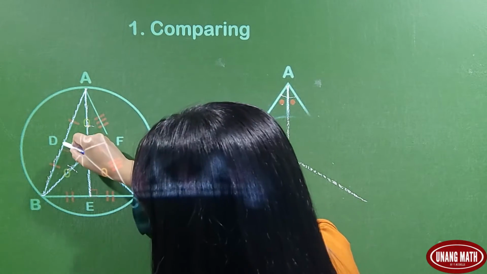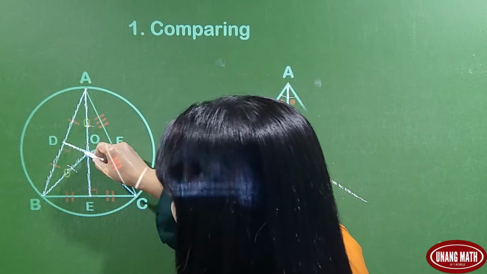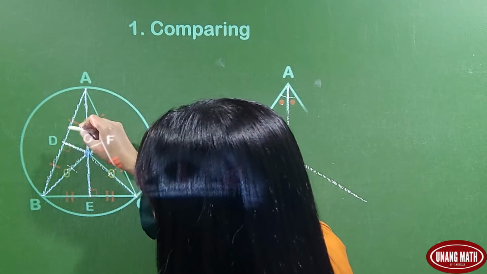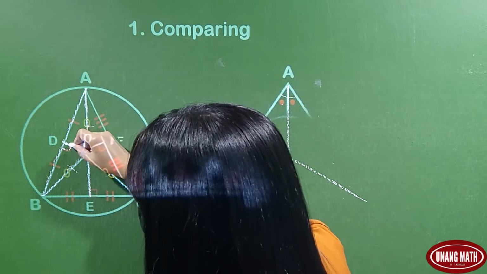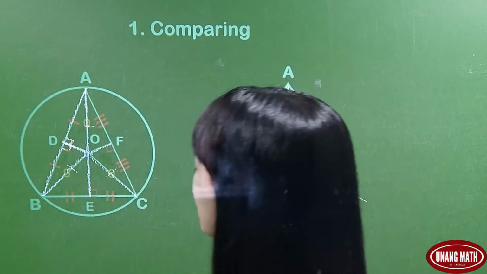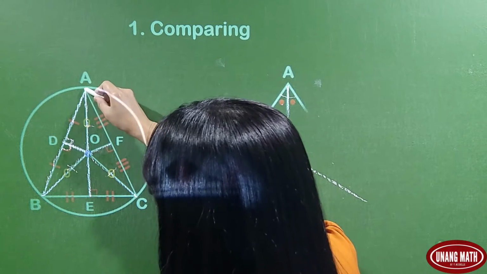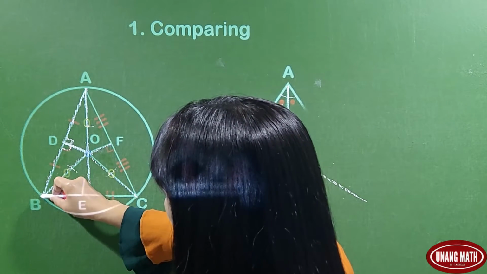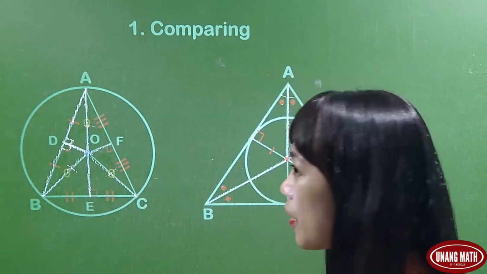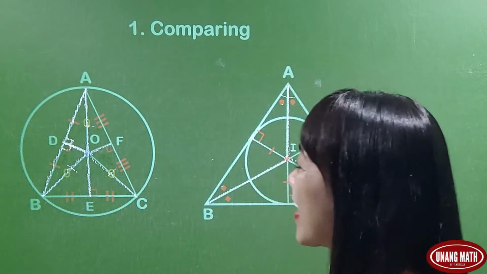And as I mentioned a while ago, this is our perpendicular bisector. So here is 90 degrees, so it means here is also 90 degrees. So it means the smaller triangles ADO and BDO are congruent triangles.